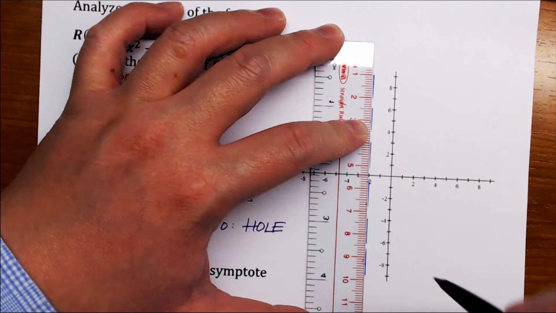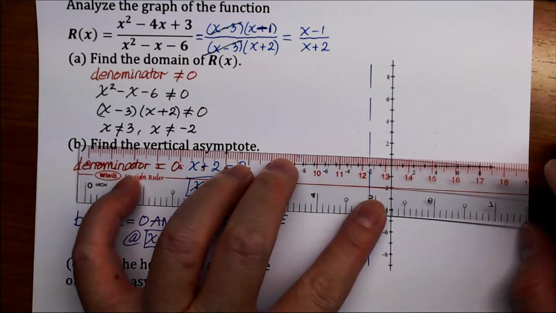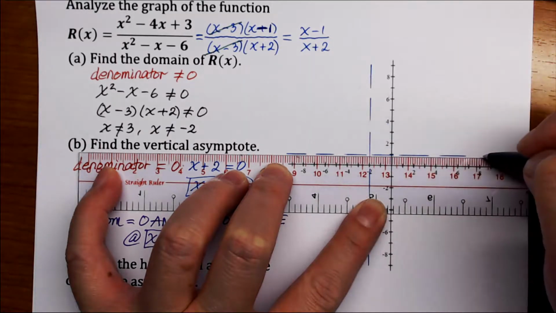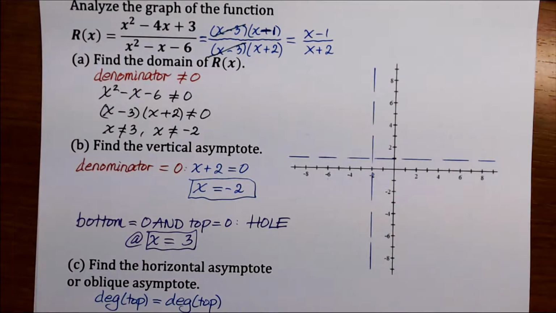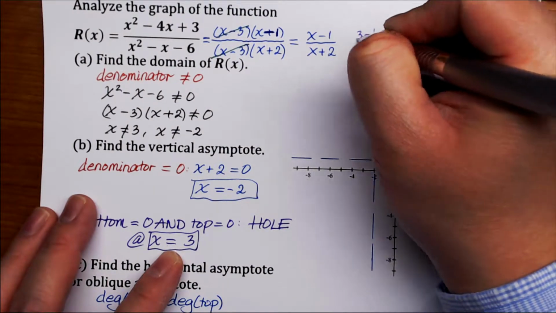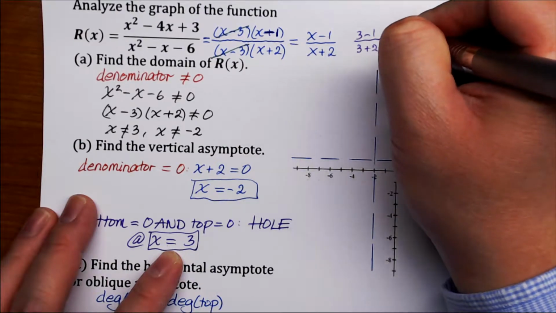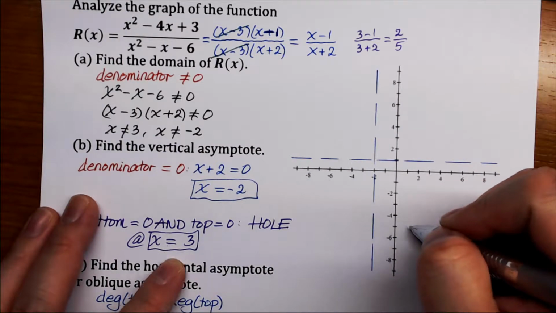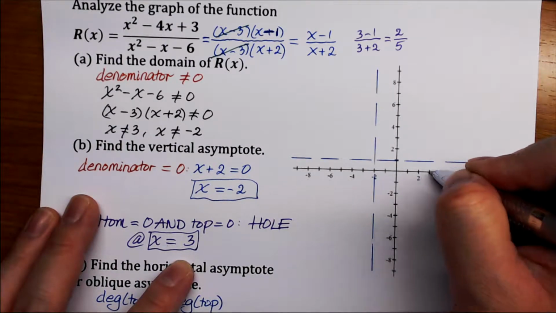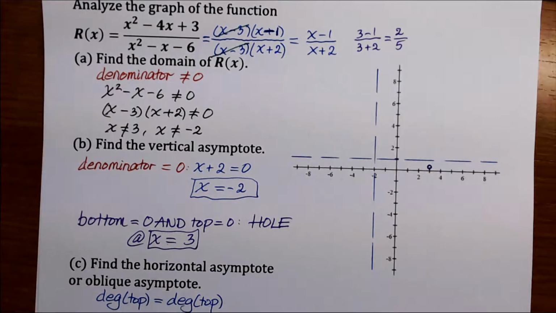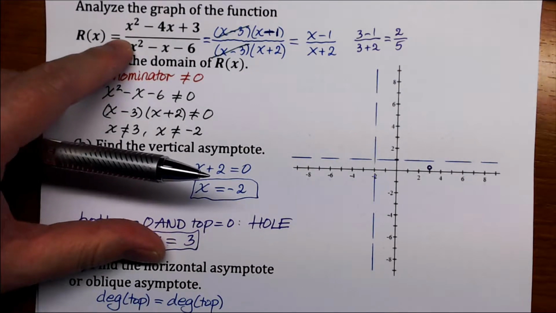The horizontal asymptote, this should be easy. The degree on top is the same as the degree at the bottom. Both of them equal to 2. Degree on top is 2, degree at the bottom is 2. So in that case, the horizontal asymptote equation will be y equal to the ratio of leading coefficients.